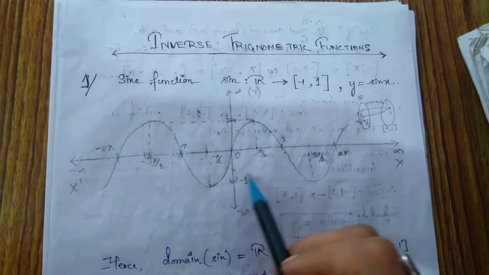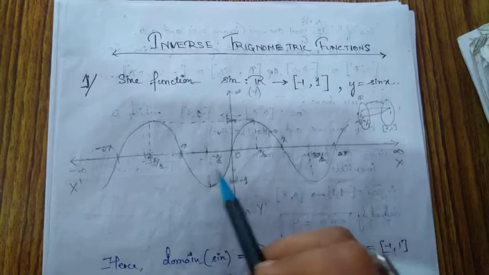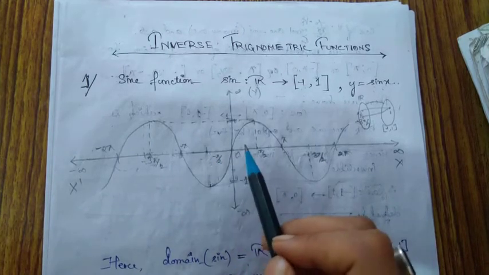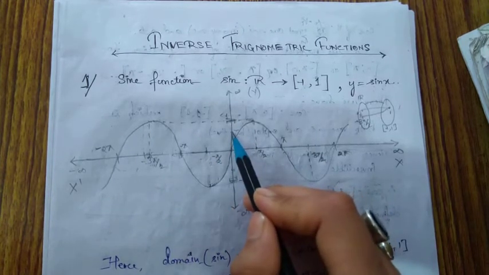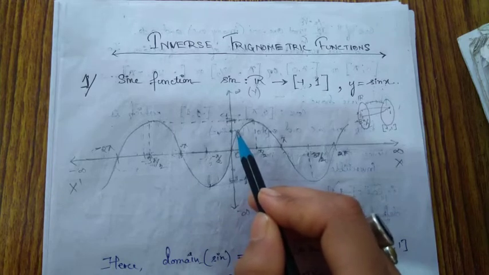Similarly for -1, you check: +3 pi by 2 and -pi by 2. For 0, check whether any arbitrary element has a preimage. You draw a straight line parallel to the x-axis, then a perpendicular line.